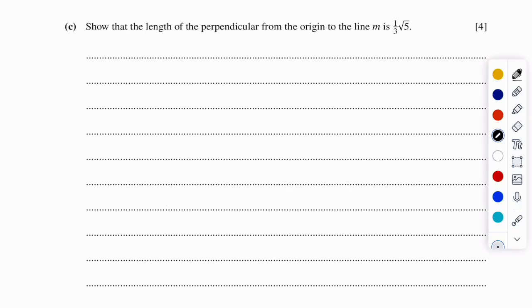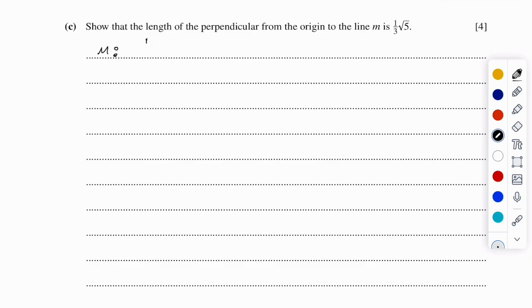Alright guys, so the question now is, show that the length of the perpendicular from the origin to the line is 1/3 times root 5. So the way to think about this is we're using the line M. So what is M?